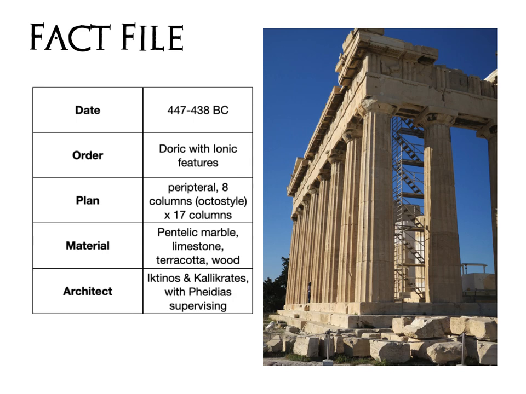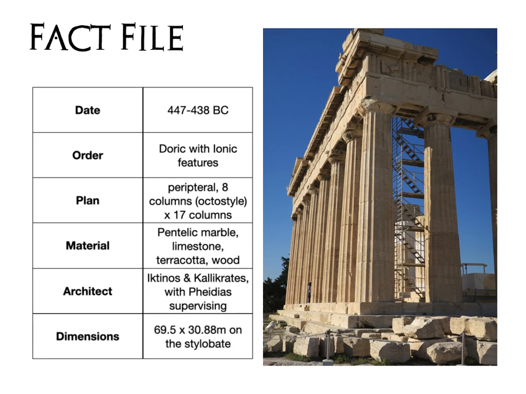And the two architects who created this building were called Ictinos and Callicrates, with the artist Phidias supervising. And finally, the base, the stylobate of the temple, its dimensions are 69.5 meters long times 30.88 meters wide, and those numbers will be important later on.